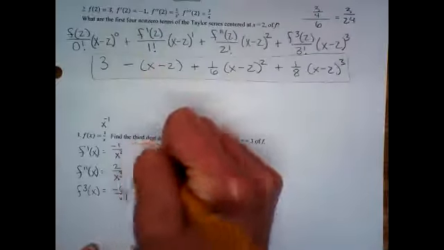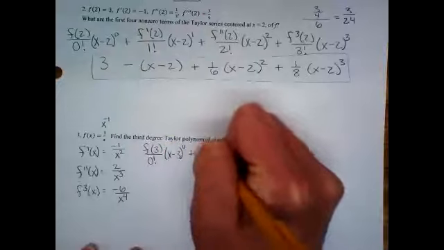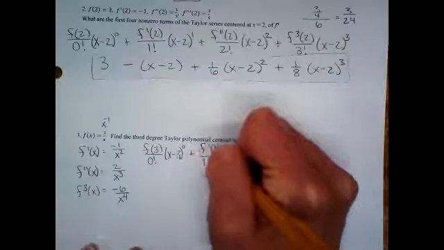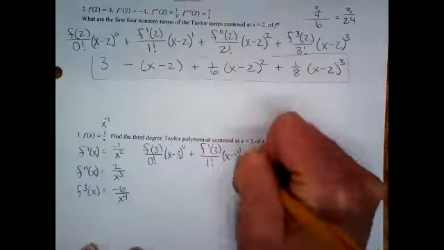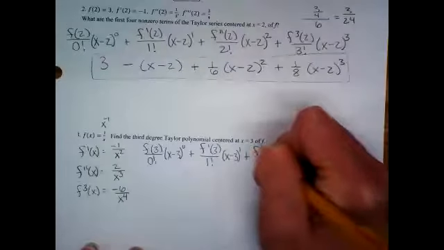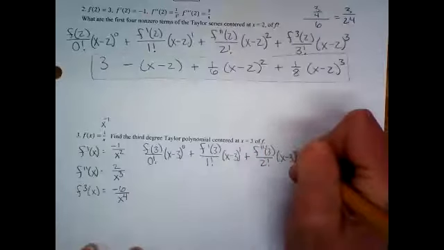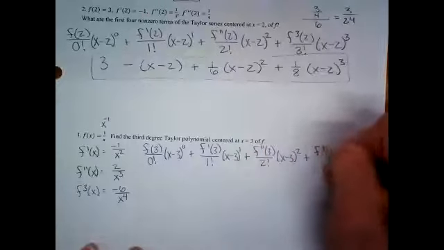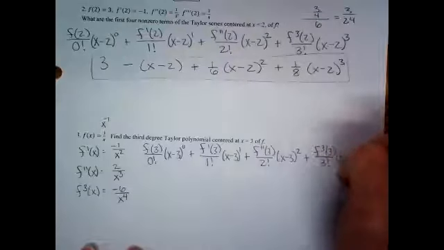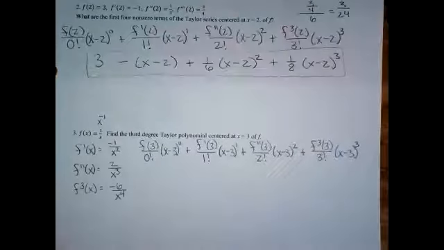F of 3 over 0 factorial x minus 3 to the 0. And so I stopped when I got to the third power.